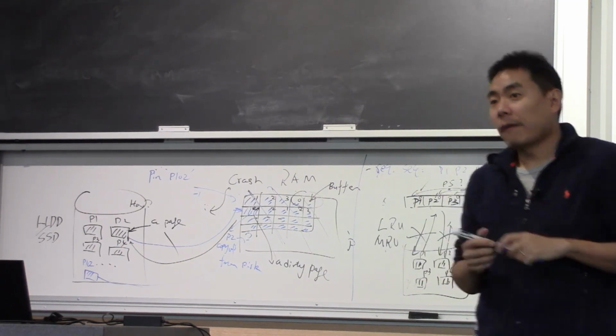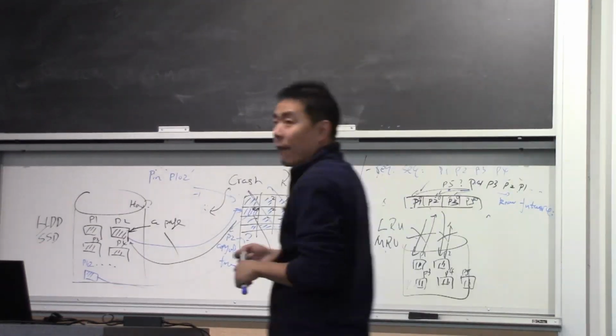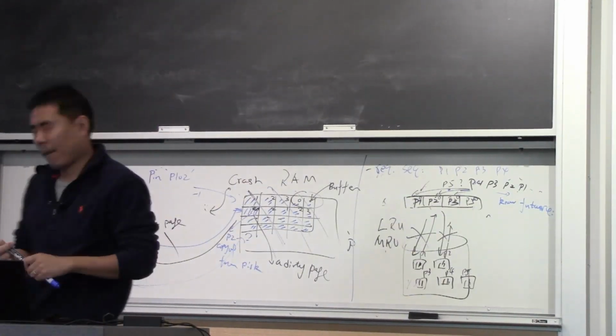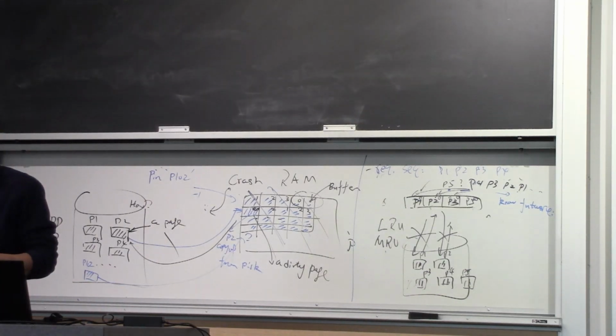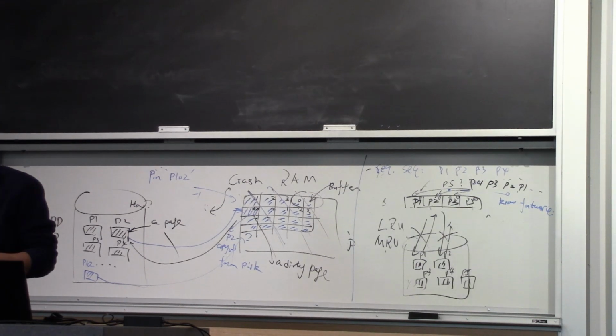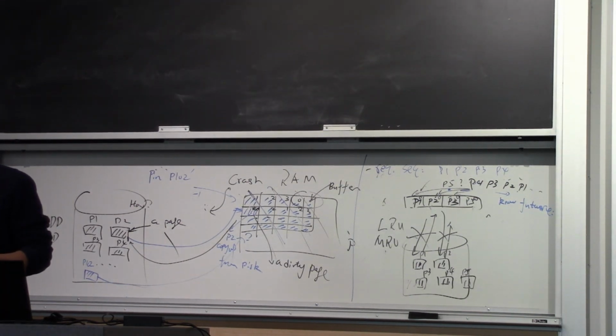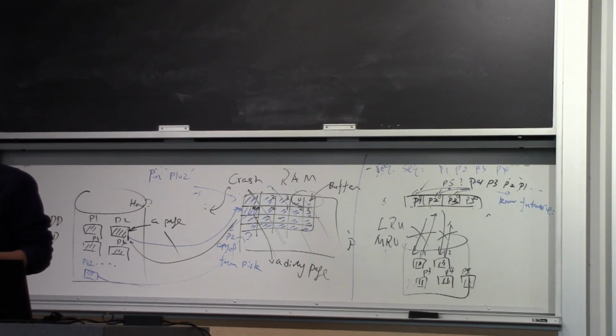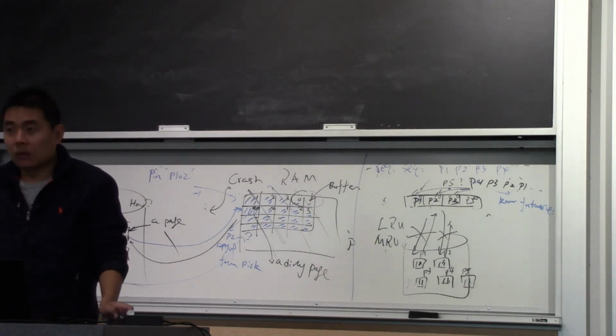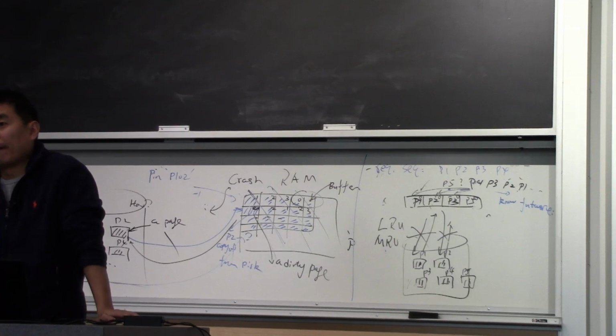Yeah. With MRU though, if you do reads, 2 reads, each one on a different page, let's say you write to one of the pages, wouldn't that make it really inefficient? When you write to one of the pages, that's considered another access to that page. Yeah, but I'm saying let's say you're full, and then you had one read, so you pull the page. And you had a second read, so you would actually overwrite the page you just pulled. Not necessarily.